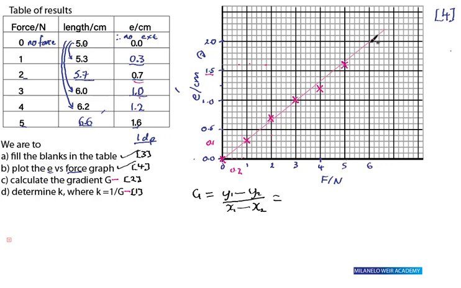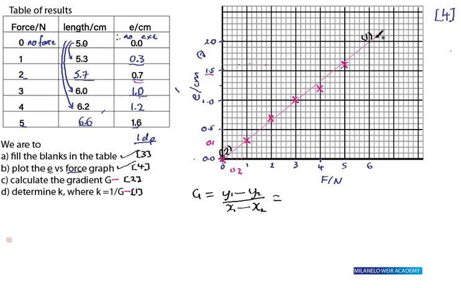So I will choose this point here. I'll call it point 1. And here at the origin, I'll call it point 2. Right? Therefore, my triangular method will be from here.